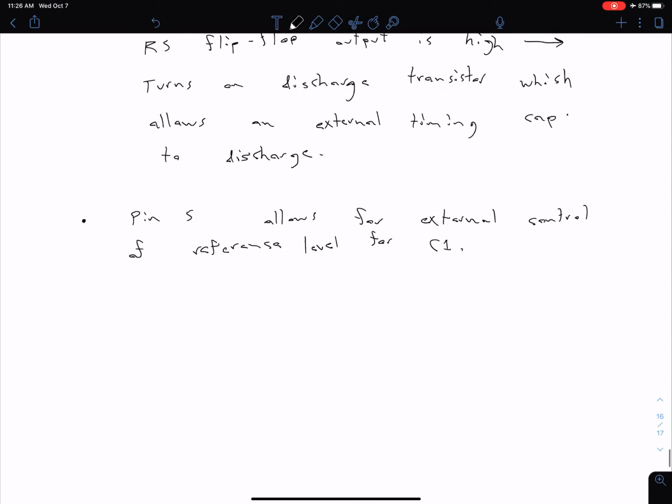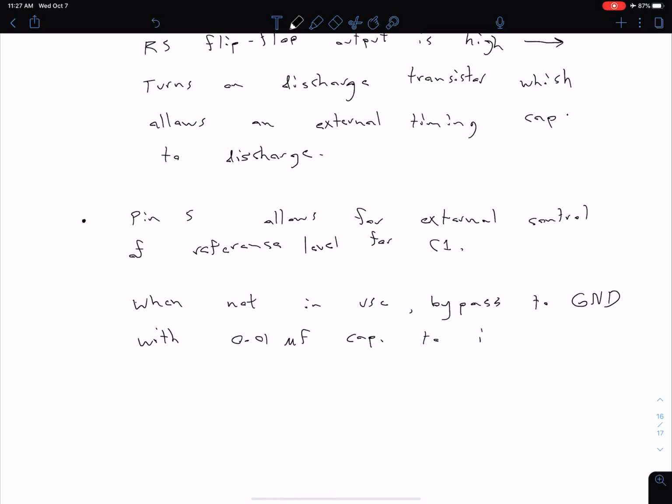So as I said, typically we're not going to use it. So what we're going to do is bypass it with a capacitor to ground. So when not in use, bypass to ground with a 0.01 microfarad or a 10 nanofarad, same thing, capacitor.